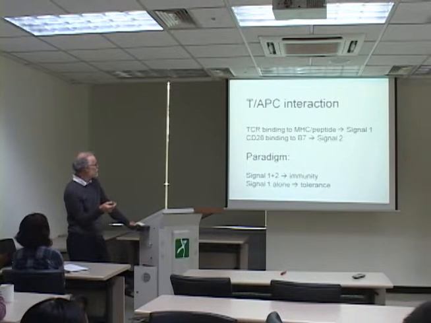If you read articles about it, it's all very confusing. Nobody seems to be able to quite decide what it does. I think one of the things it does very well is to act as an adhesion molecule, and you will not see that mentioned very much. But in fact, the CD28 B7 interaction is quite an efficient adhesive interaction.